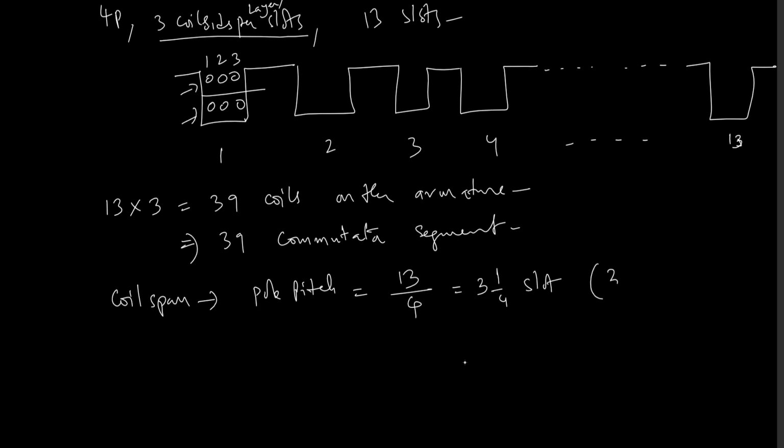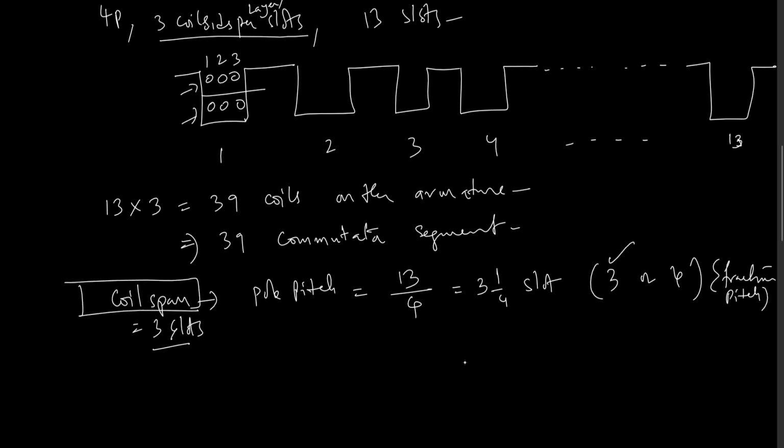So we will be taking 3 or 4 slots as the coil span. Here we will be choosing 3 slots as the coil span. This is 3 slots, which means that it is a fractional pitch winding. Okay, so now we have fixed the coil span. Now what is the commutator pitch?